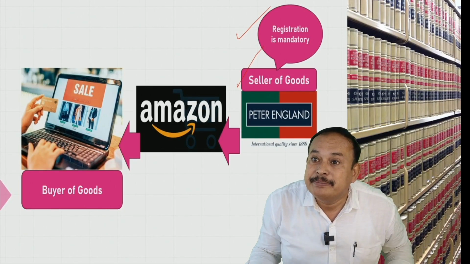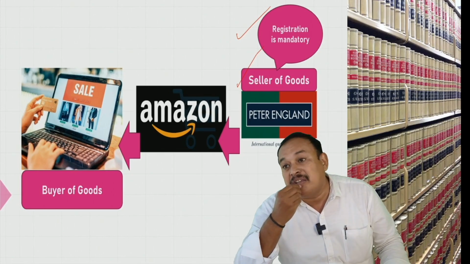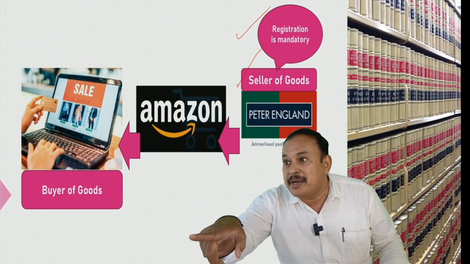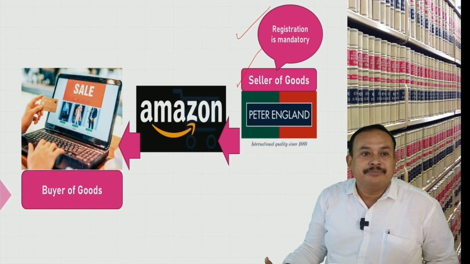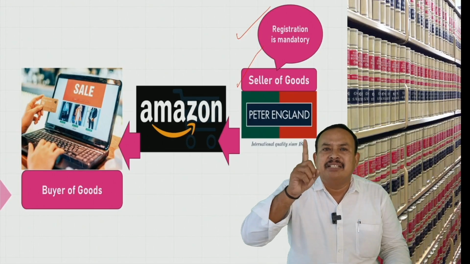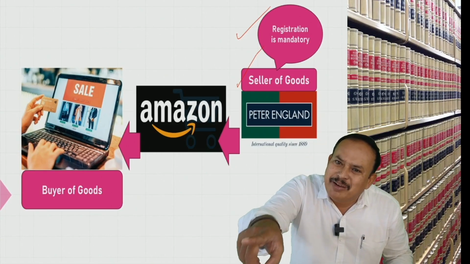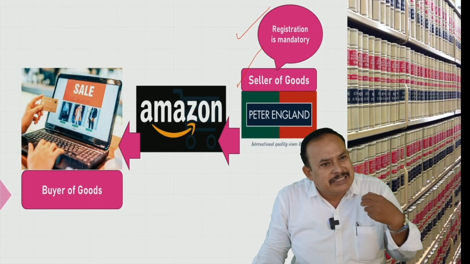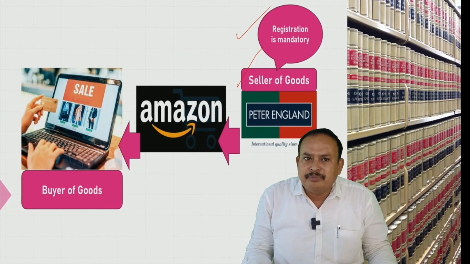If a supplier of the goods comes into the picture, just because he is a supplier of goods through an e-commerce operator, Peter England, for you registration is mandatory. Sir, turnover limit? No, we won't refer to it. Is the level playing field misplaced or not? For a service provider, one treatment. For a supplier of the goods, another treatment. Sorry, industry is unhappy.